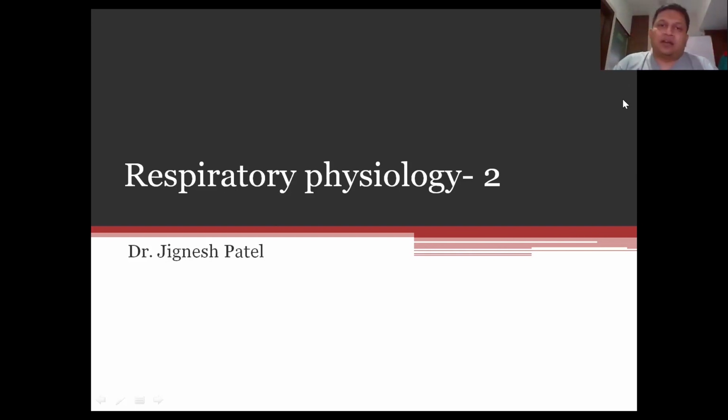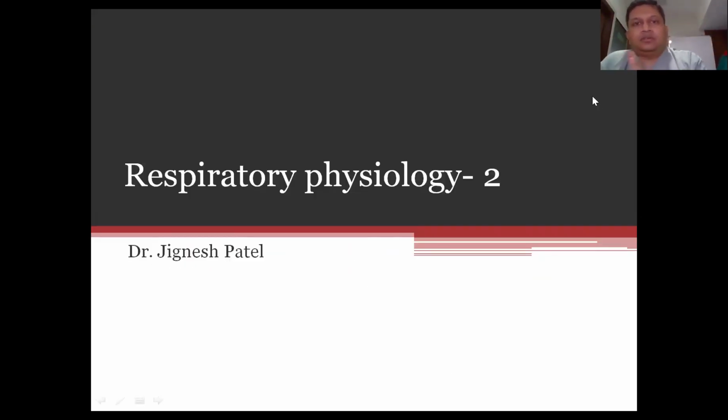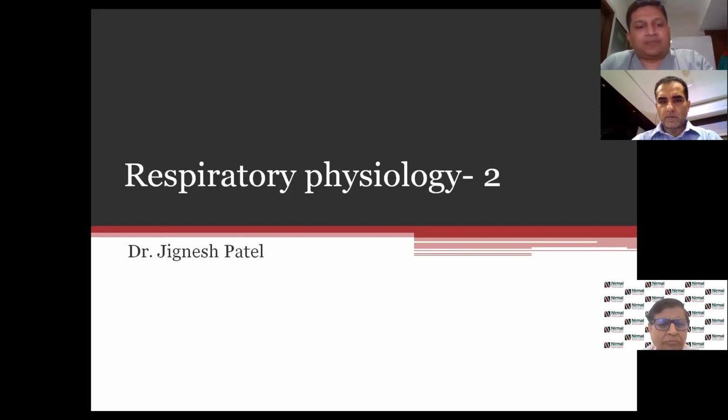Now in another part, we will look at how a gas in the alveoli goes into your blood and then into your tissue. So that will be the next part.